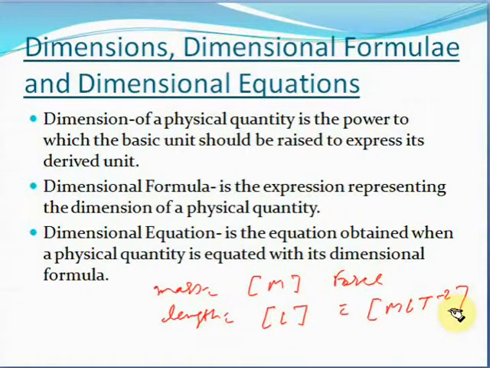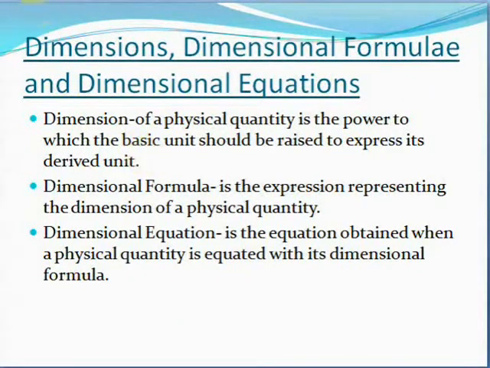Now the dimensional equation is the equation obtained when a physical quantity is equated with its dimensional formula. So for example, we have an equation in kinematics, that is v is equal to u plus at. Now here, if we represent these physical quantities with their dimensional formulas, we can write v is equal to meter per second, that is L into t to the power minus 1.